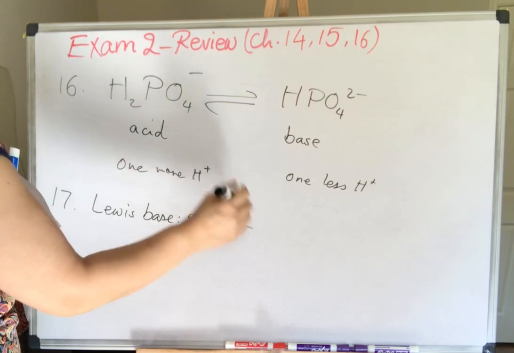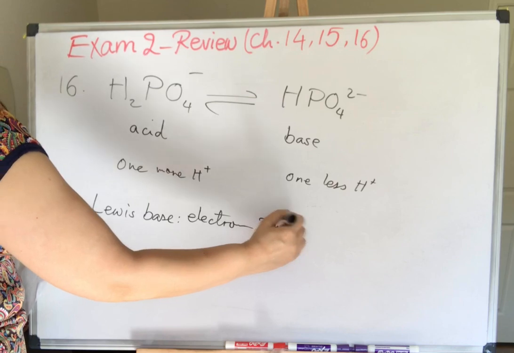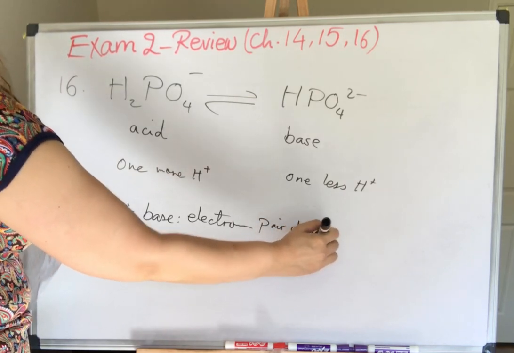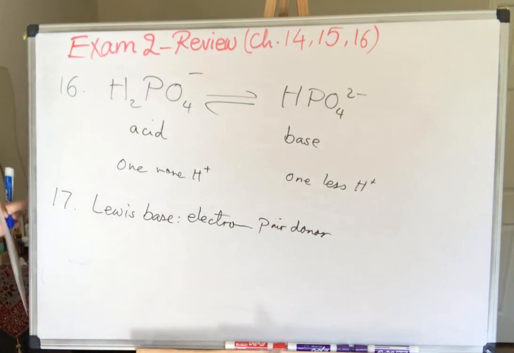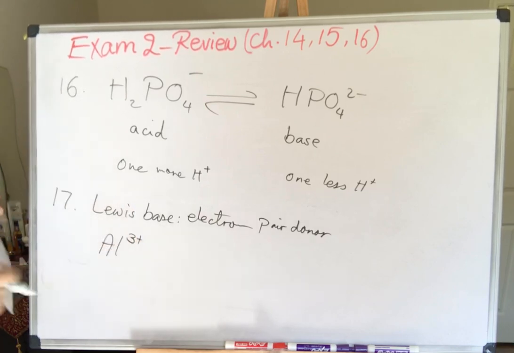You remember in Lewis theory, acid is the acceptor. So the species should have enough electrons to donate. Which one of them does not have electrons to donate? The one which has a positive charge, aluminum, which is C.